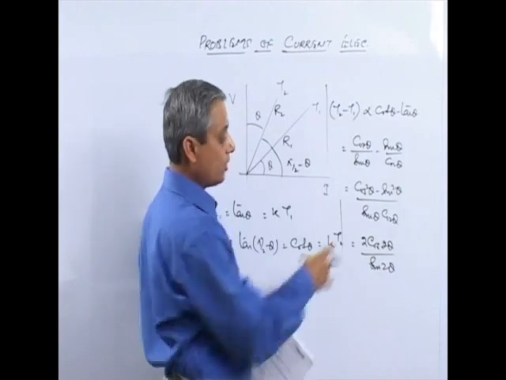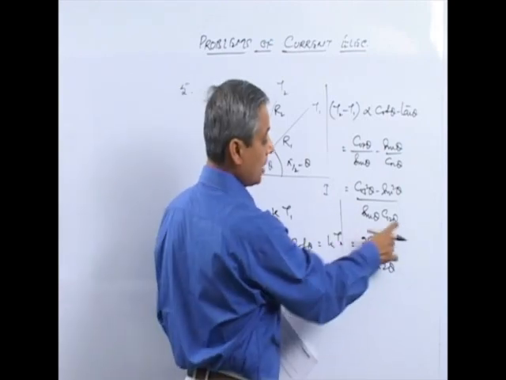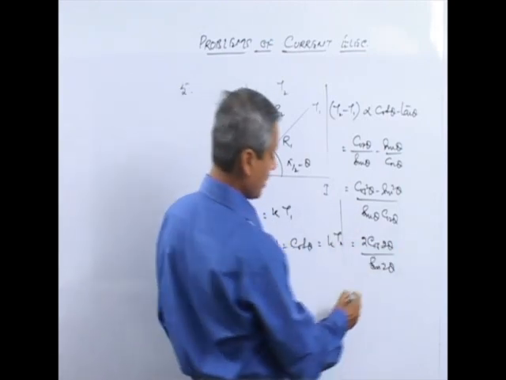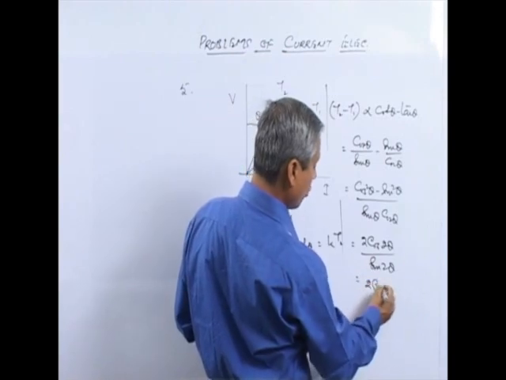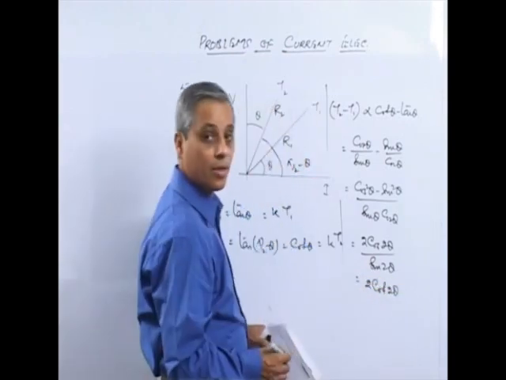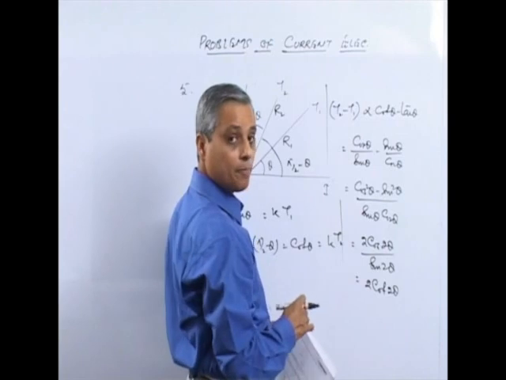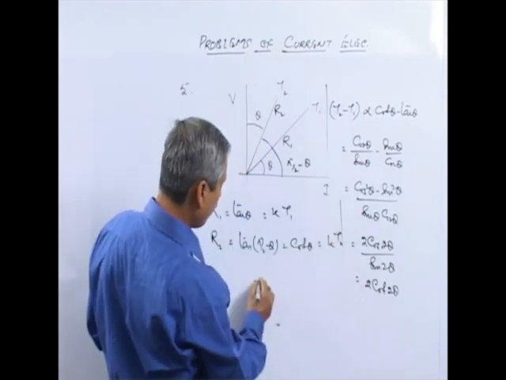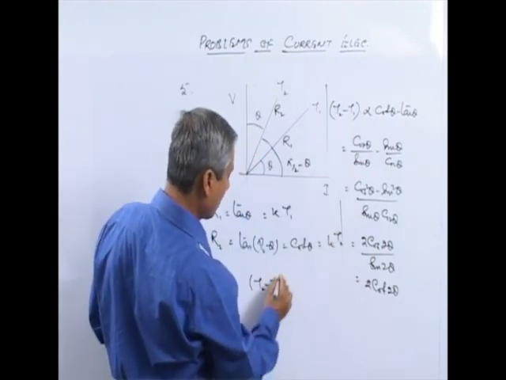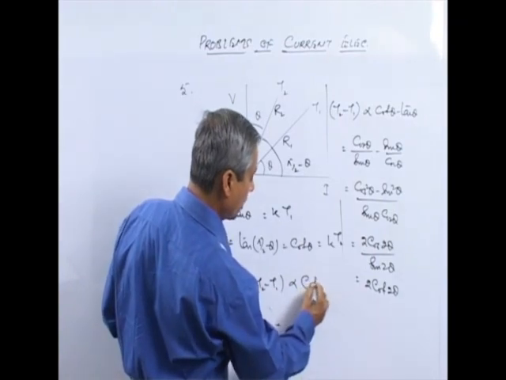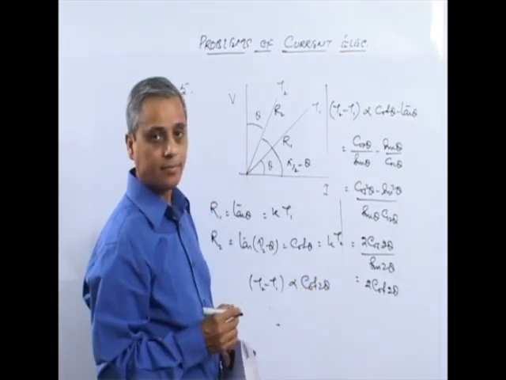Actually we have multiplied 2 up and down. 2 sin theta cos theta will become sin 2 theta, and that is basically cot 2 theta. Since we were talking about proportionality, T2 minus T1 will become proportional to cot 2 theta.